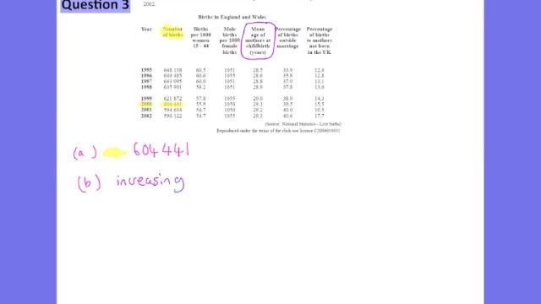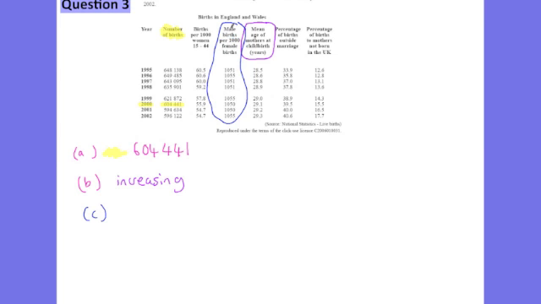Then for part C. In part C, we're told that every year between 1995 and 2002, there were more male births than female births. More male than female. How does the table show it? We can see, looking at this column here, which is the data for the male births per 1,000 female births.